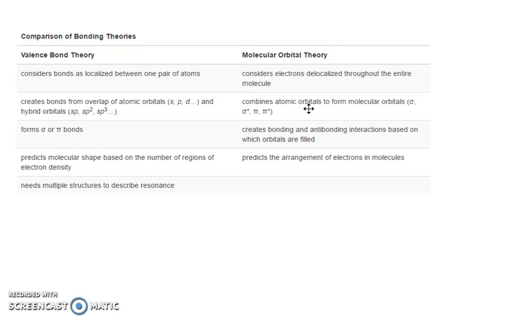In molecular orbital theory, we combine atomic orbitals to form molecular orbitals, sigma, sigma star, pi, and pi star, which create bonding and anti-bonding interactions based on which orbitals are filled. Valence bond theory predicts the molecular shape based on the number of regions of electron density, whereas molecular orbital theory predicts the arrangement of electrons within the molecule. In valence bond theory, we need multiple structures in order to describe resonance.